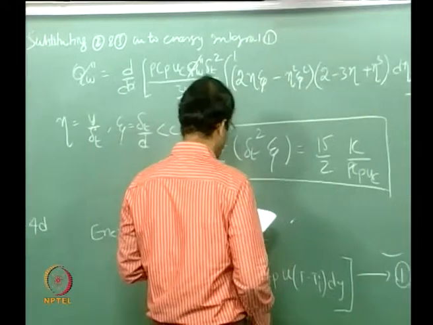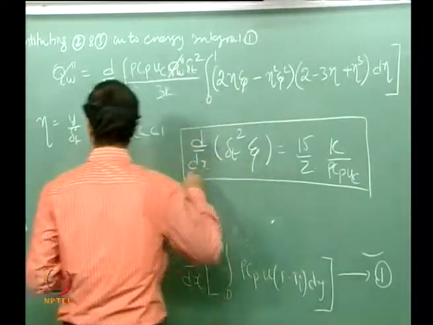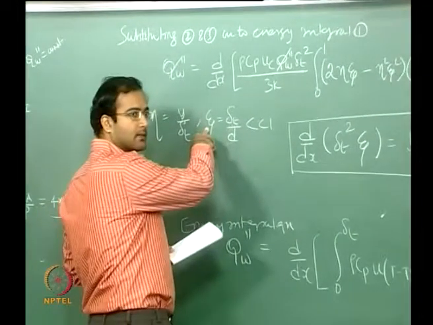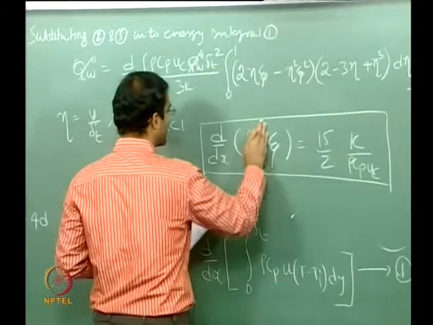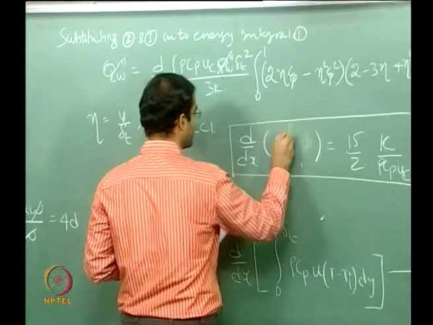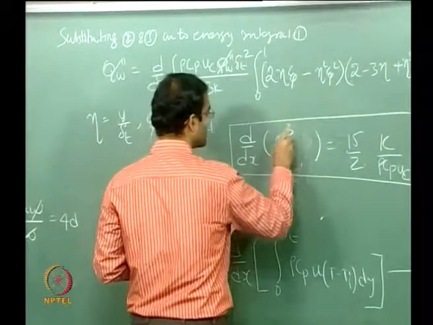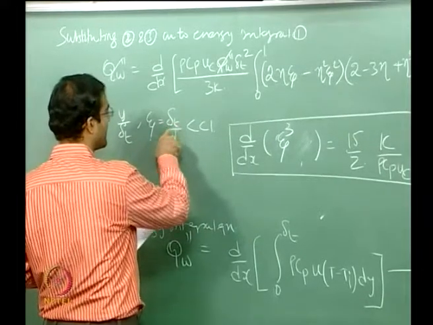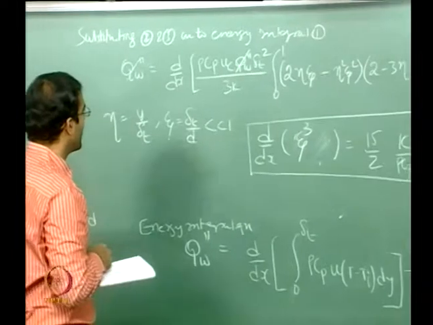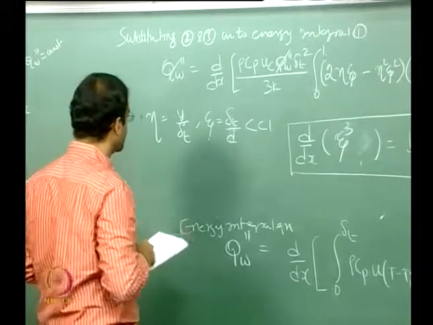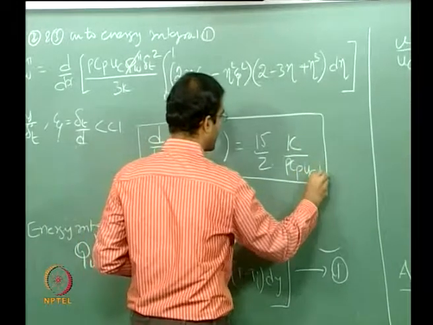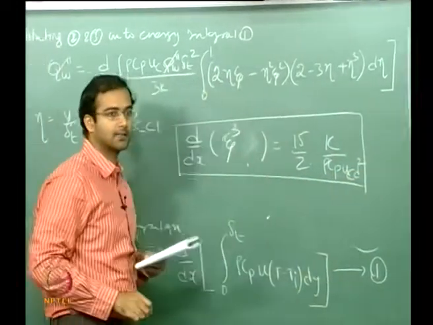So with this you can now again substitute your delta t in terms of zeta. So this becomes zeta cube into d. Your delta t square will be zeta square into d square, and d square is a constant, so I can take it to the right hand side.